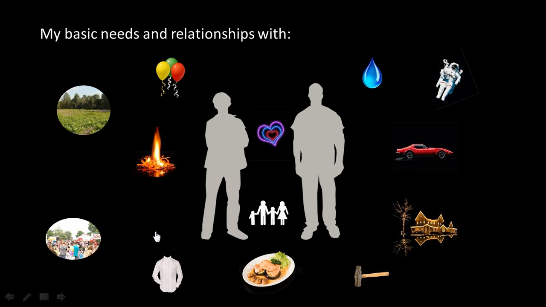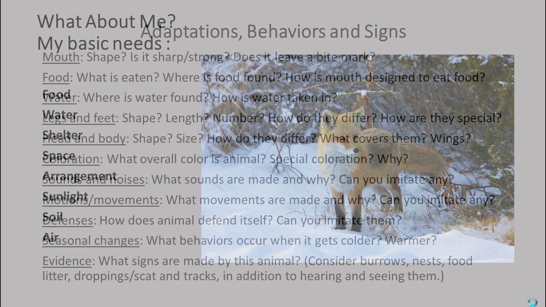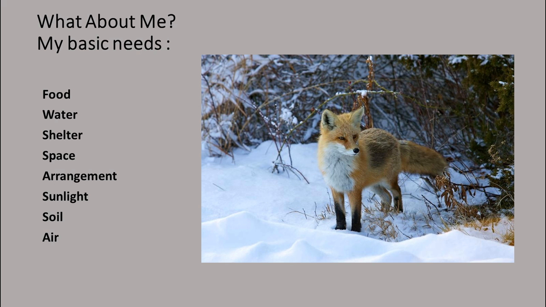What you can do is just take that model and now assign them to a form of wildlife. And we encourage you to pick a form of wildlife that lives in your neighborhood. So we have a red fox here.